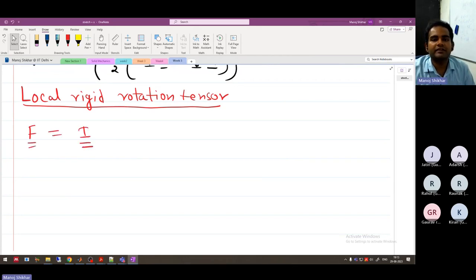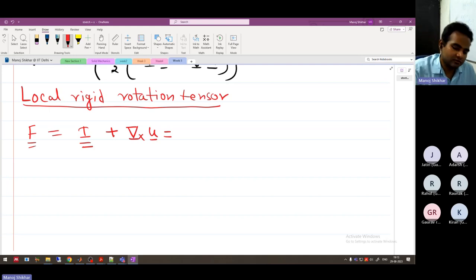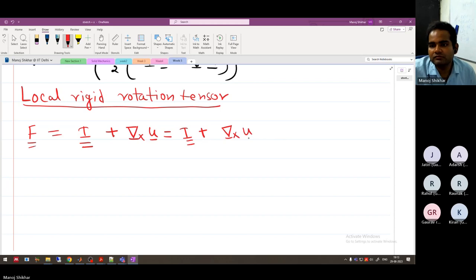So the deformation gradient tensor can be written as this, right? Now, if you remember, we can decompose any matrix into a symmetric part as well as a skew symmetric part. This is class 12th matrix algebra. If you were in CBSE, of course, I was from CBSE, so we were taught in class 12.